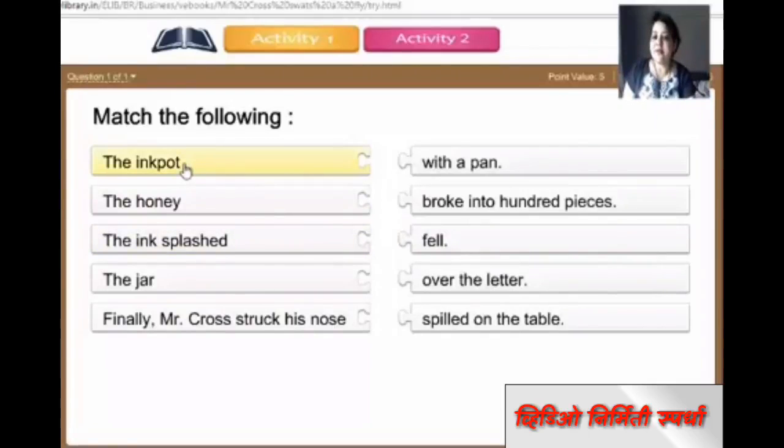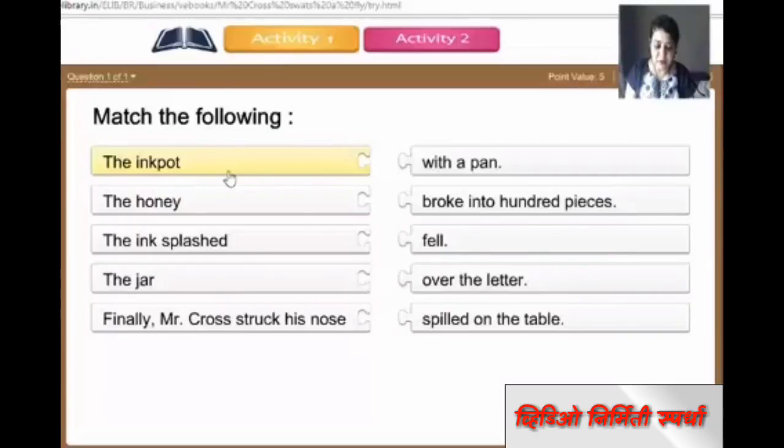So first is the ink pot, the second is the honey, the third is the splashed, and fourth is jar, and finally Mr. Cross struck his nose. Previously this sentence is first sentence. So now we remember all these things. What happened with the ink pot? Okay. So I am going to read for you what happened the ink pot.